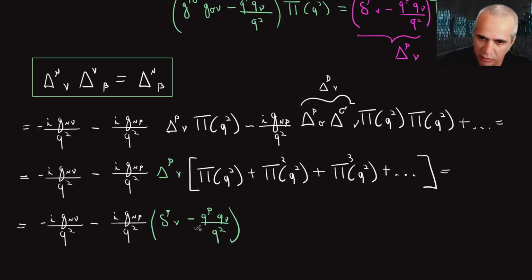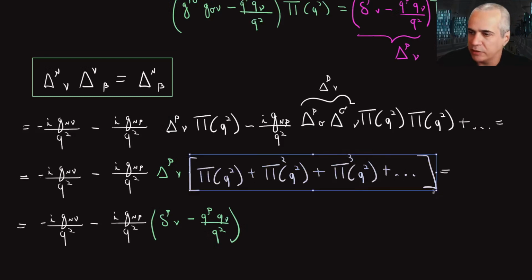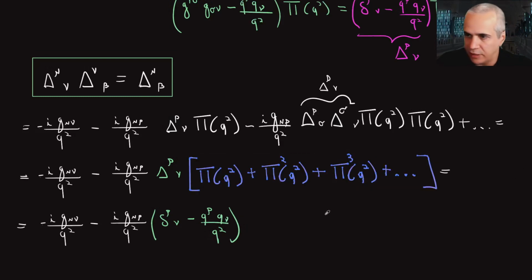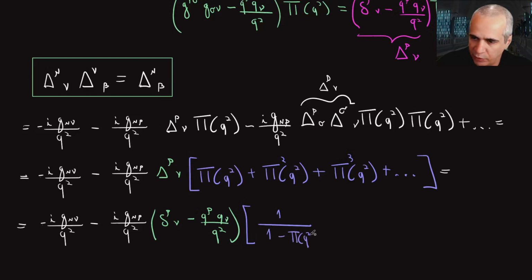So this is just a copy of that. And this whole part here, I can resum, right? And this becomes, I'm missing the 1 here, so I'm subtracting 1 for the whole series, pi of q squared minus 1, because I'm missing the first piece of the series here, right? And now I can just expand this product, right?